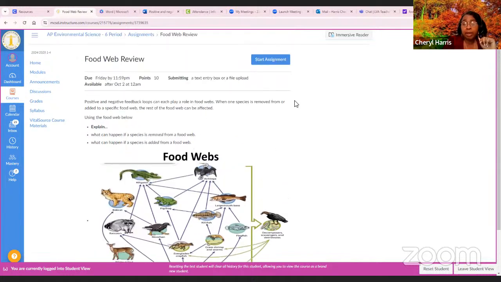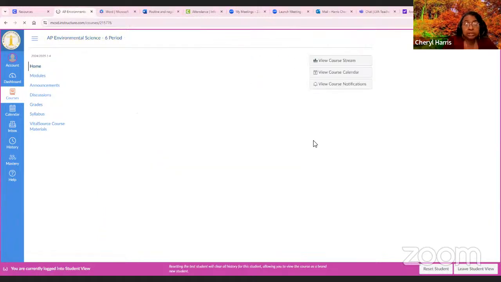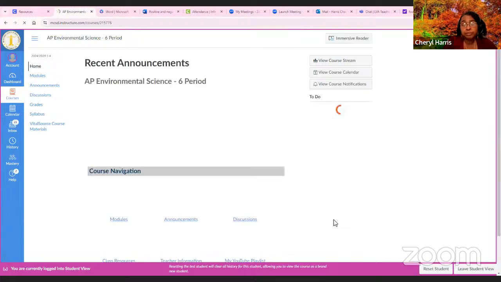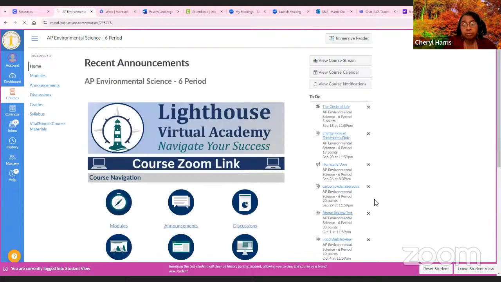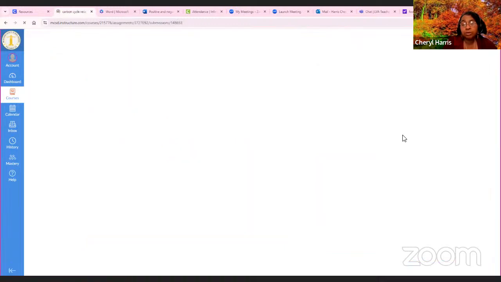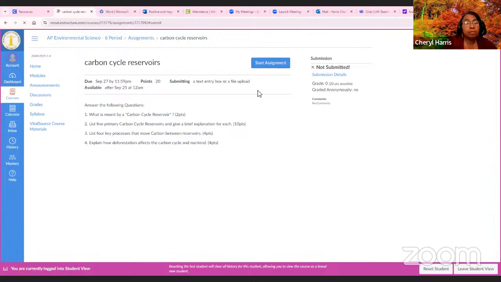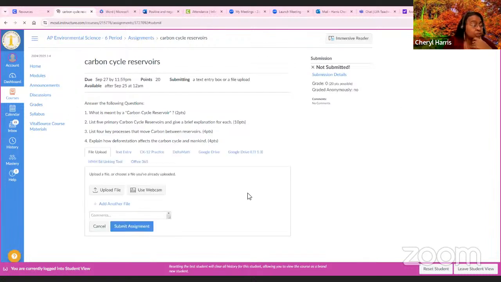All right, going back to your homepage. When I said essay questions, you've been working on your carbon cycle reservoirs. All of these were review questions. You had to answer this question, so it was considered an essay question.